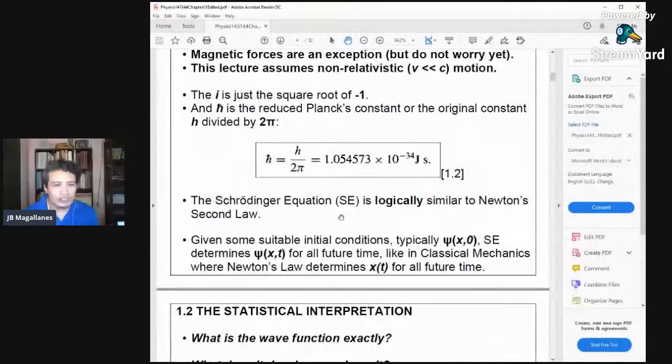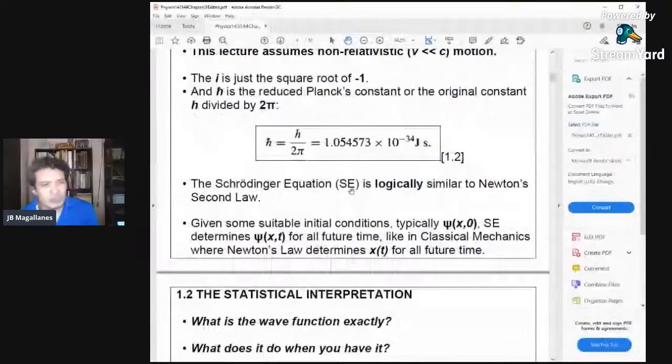So the wave function can be used to get some variables at a later time in your experiment, the variables of interest in your experiment, I mean.